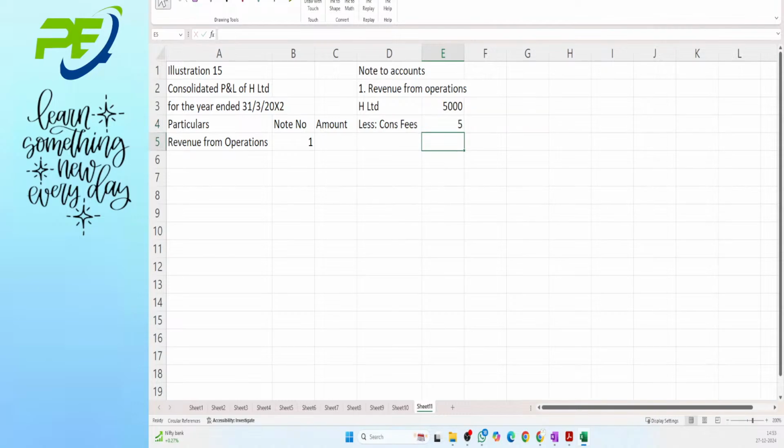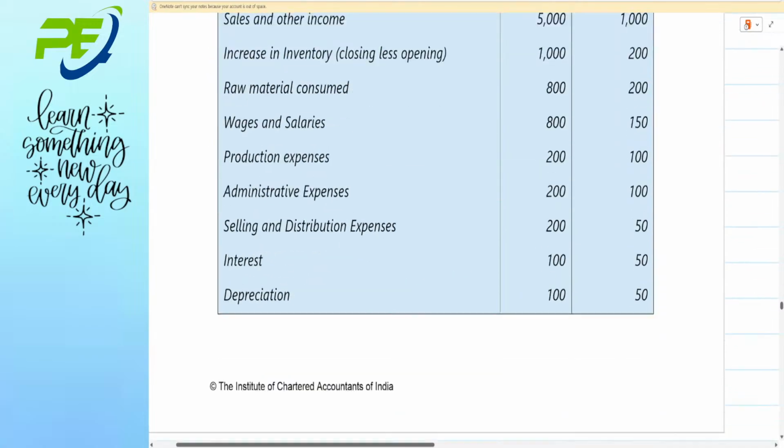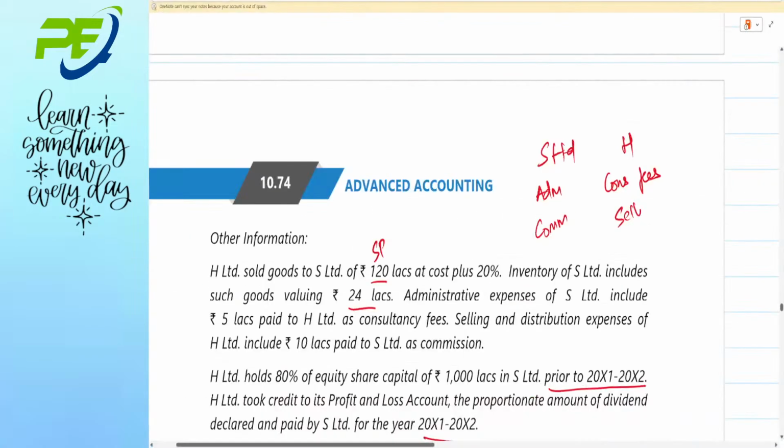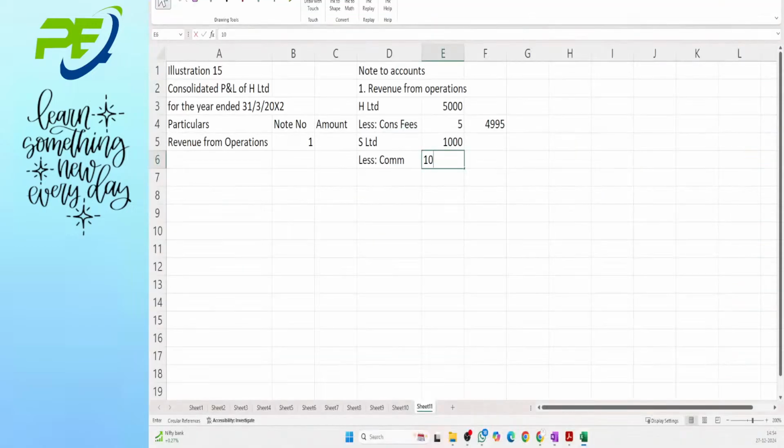So less 5. Then S Limited, 1,000 less. For S Limited, it is commission. Commission, it is 10. 990. So adding both together, 5985.